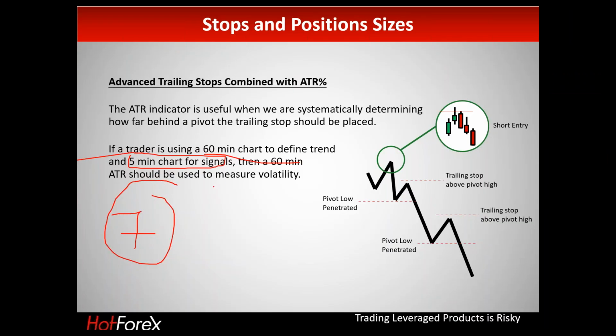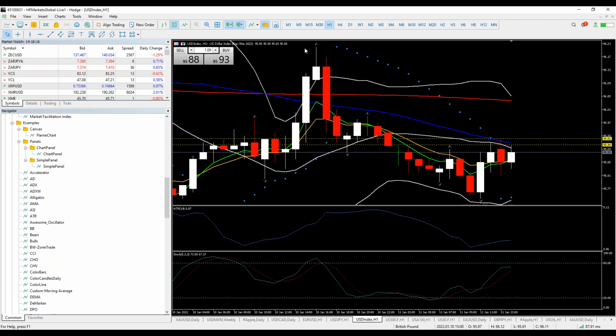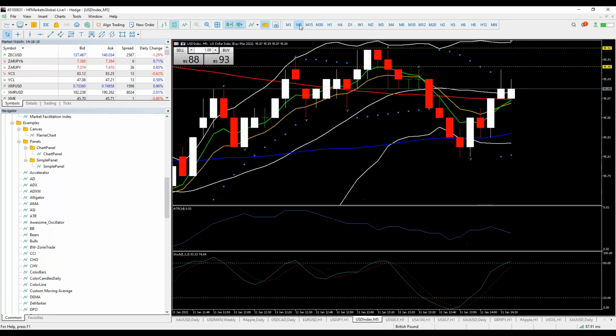So again, you can use a higher time frame and use a percentage of it, or, if you want to simplify stuff, guys, you don't necessarily need to use the hourly ATR in order to trade in a 5 minutes chart. You can use the 5-minute ATR, which suggests 3 pips movement.